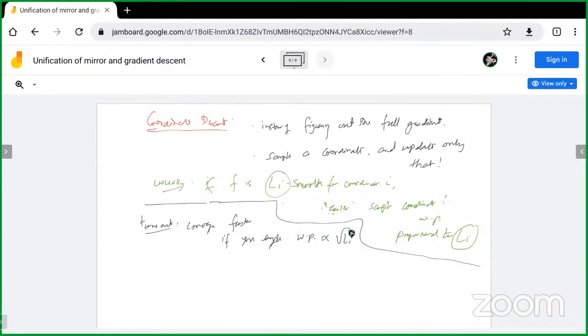So I want to sketch the intuition for why this should be done. What's the intuition here?